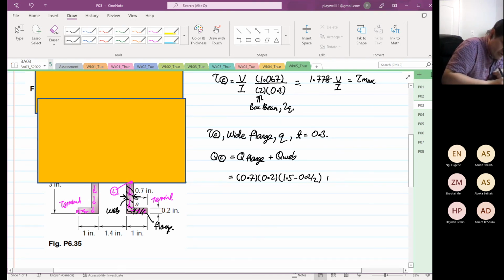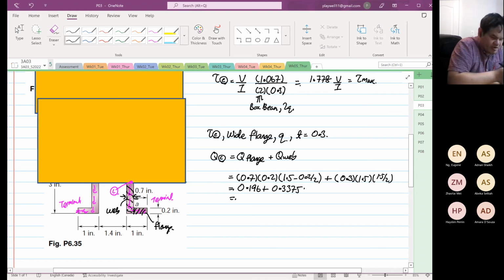Then plus the width 0.3, the depth 1.5, multiplied by 1.5 divided by 2. 0.7 times 0.2 times 1.4 is 0.196, plus 0.3 times 1.5 times 1.5 divided by 2, which is 0.3375. So the first moment of area is 0.196 plus 0.3375, equal to 0.5335.